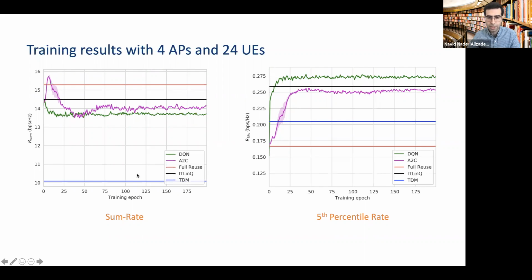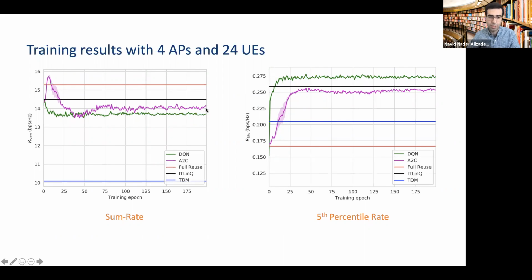In terms of the agents that we have, green is showing the DQN agent, and the purple one is showing the A2C agent, and the x-axis, by the way, is the training epoch. Each epoch is, I believe, a set of 50 episodes. So you can see that there is a trade-off even between the agents.